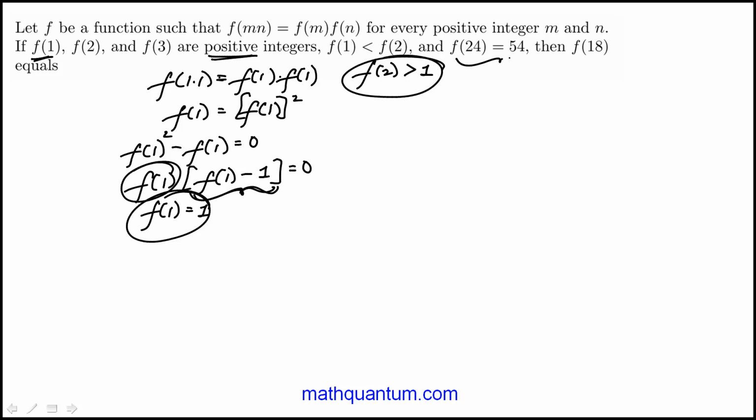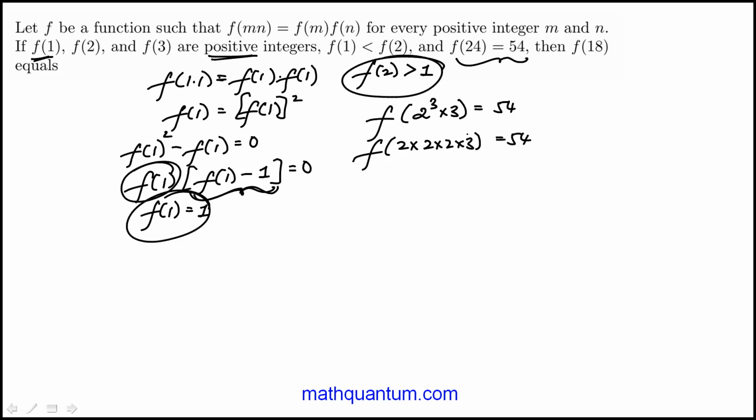Next, we come to this piece, and I think it really boils down to factorizing 24, which is 2 cubed times 3. And you can think of it as 2 times 2 times 2 times 3.